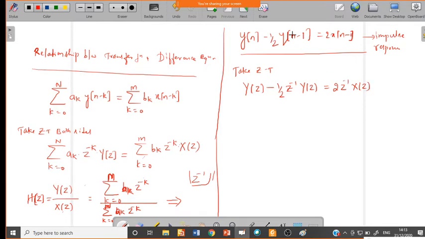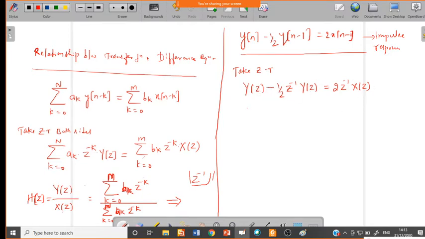Here we used the time shift property, where the coefficients are written accordingly: k varies only from 0 to 1, and there is only one value here. So now we have taken the z transform.